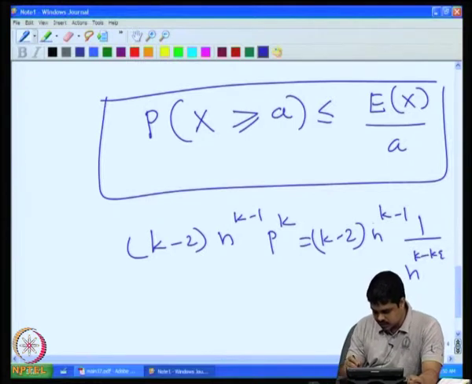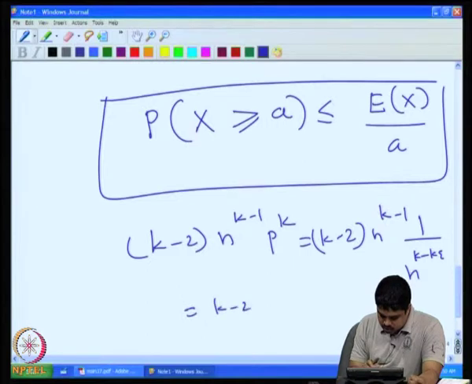So, this n raised to k will cancel, there is a minus 1 here. So, this minus k epsilon goes up.